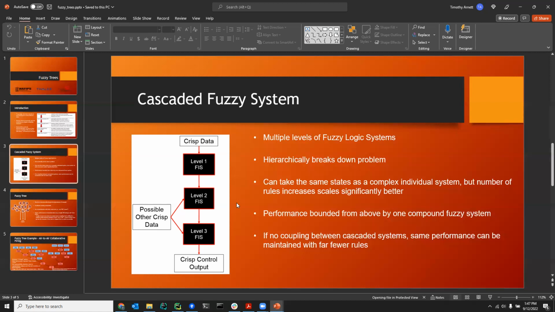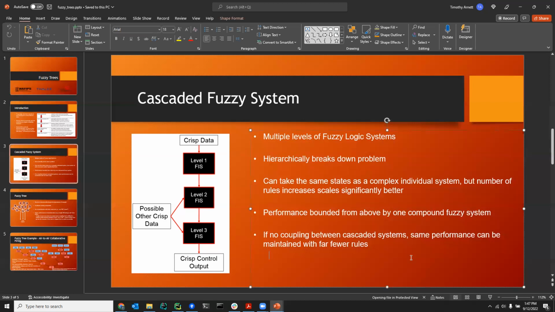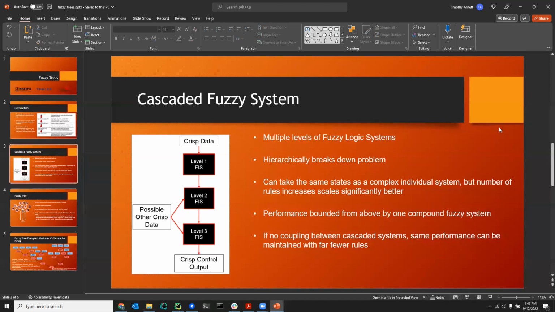And so it allows you to get richer approximations for the number of parameters that you have to specify. If no coupling between the variables exists, you can achieve the same theoretical performance as the single FIS, but with far fewer parameters, which is similar to what I was previously talking about. So that is a cascaded system.